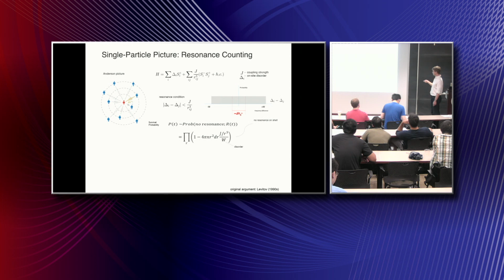This is just a number of targets, and this is the fraction to which you can actually flip. And what you see is that there is a very subtle interplay here between the 1 over r cubed decay of the interaction and this element of volume, r squared dr. If the interaction decays fast enough, then when you convert this product into an integral, it will converge.